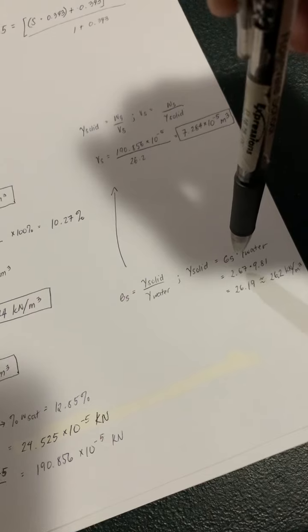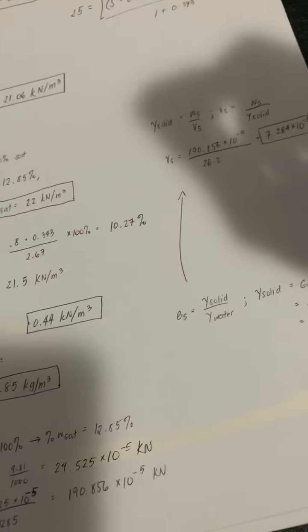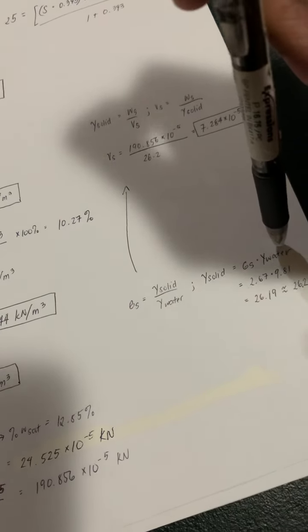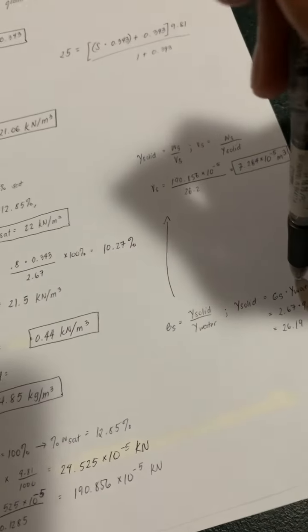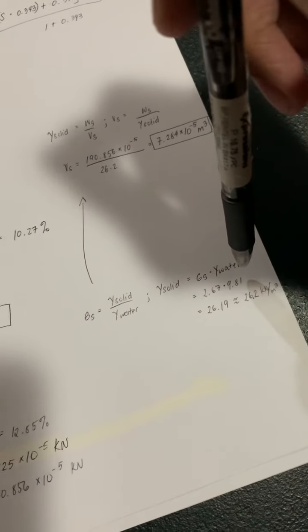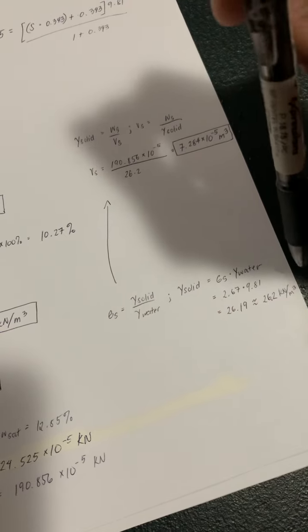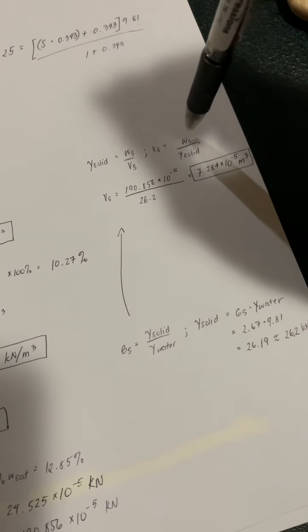So I multiplied the specific gravity of solid with the unit weight of water, which was 9.81, so it gave me 26.2 kilonewtons per meter cube.